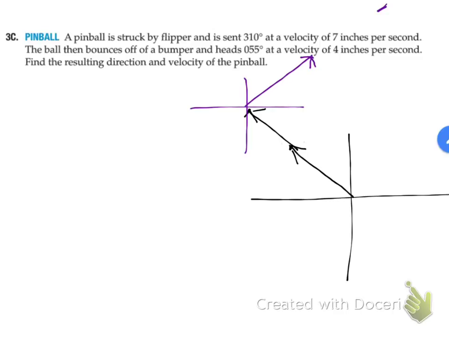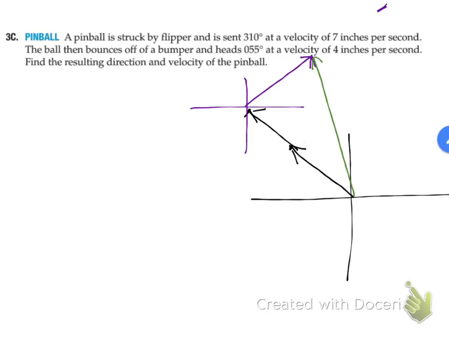So where is this pinball actually heading? What direction? It's from the origin to the end of that purple right there, right? It takes time. Obviously it's taking me more time because I'm trying to do this on a screen. There it is. That's going to be really close to what heading?